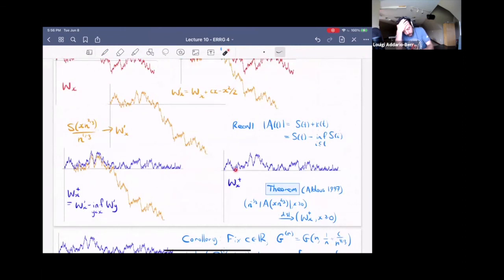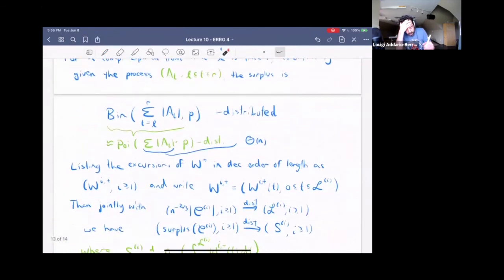Right, so these lengths are random of order n to the 2/3, the heights are random of order n to the 1/3, so the overall area is random of order n. And so then when we multiply by 1 over n plus constant over n to the 4/3, we're getting order 1 in probability from the first term, and then indeed a vanishing correction as n becomes large.